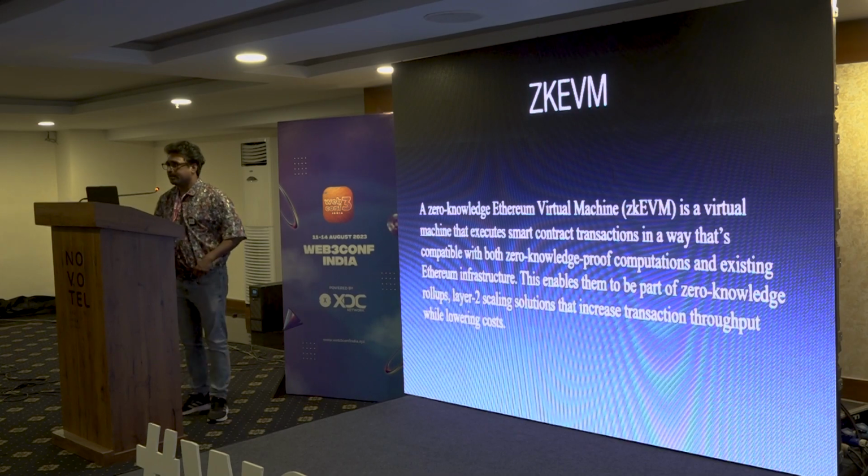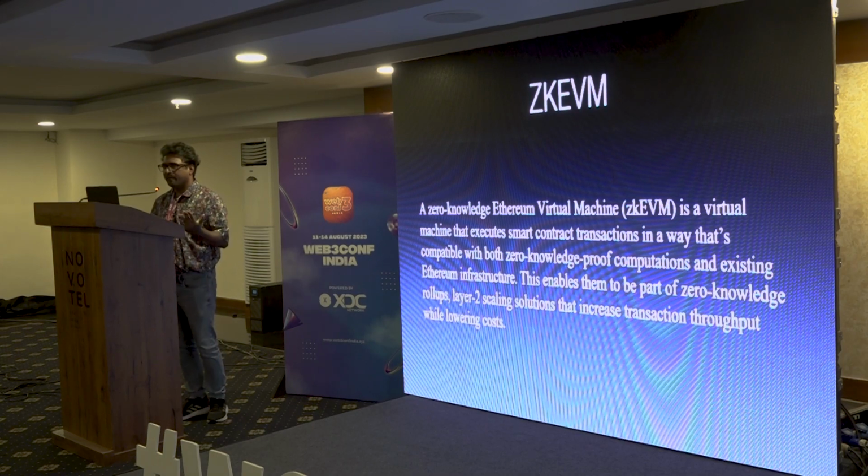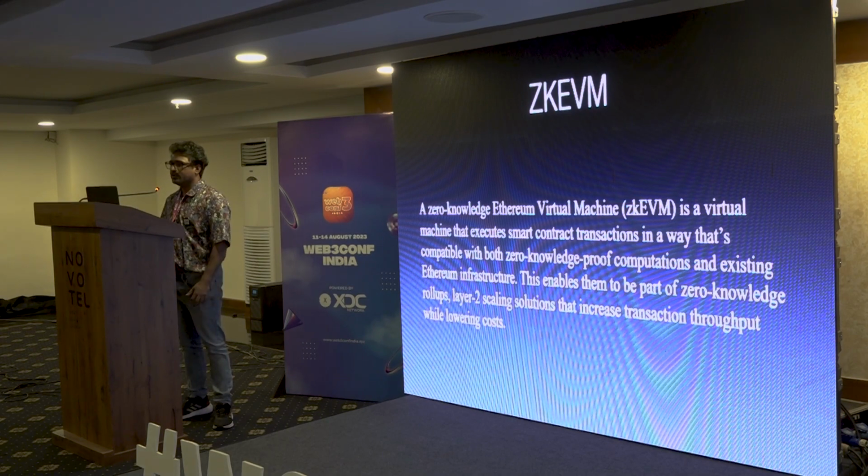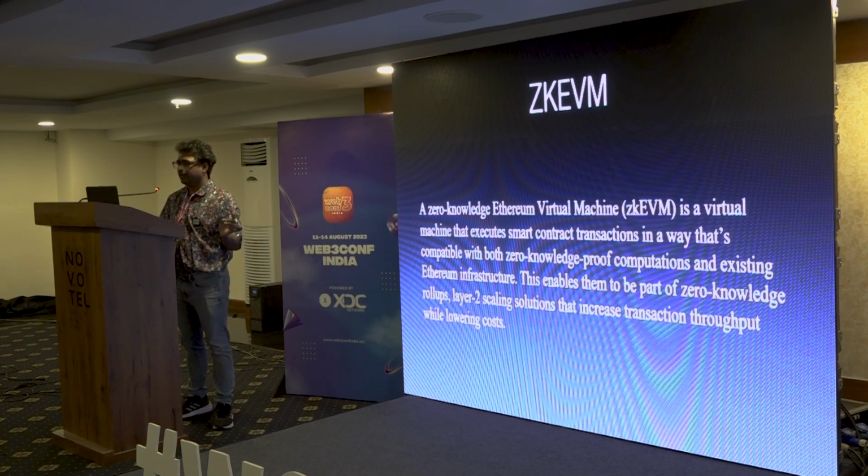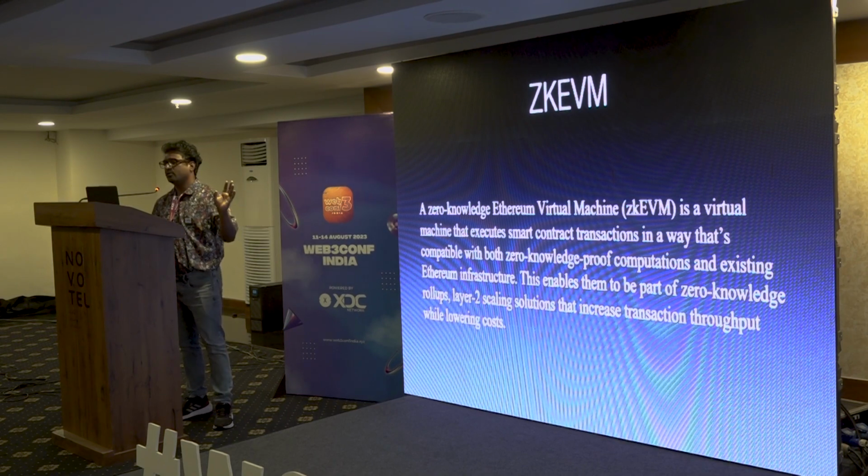Now coming from VM to zkVM, and now to zkEVM. By definition, it is a virtual machine that can execute smart contracts in a way that's compatible with both zero knowledge proofs and existing Ethereum infrastructure. This enables them to be part of rollups, which are a layer 2 scaling solution that can increase throughput and lower cost.